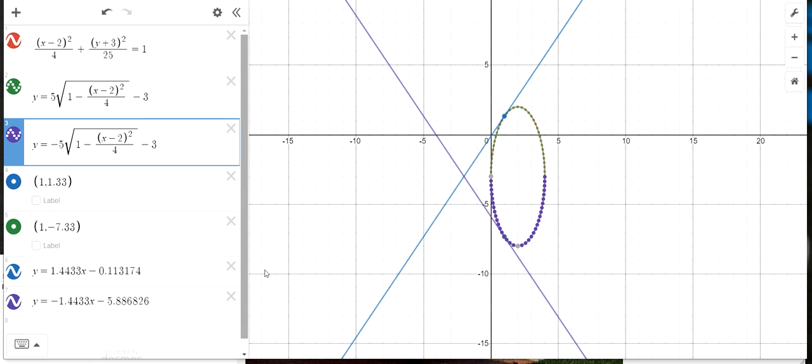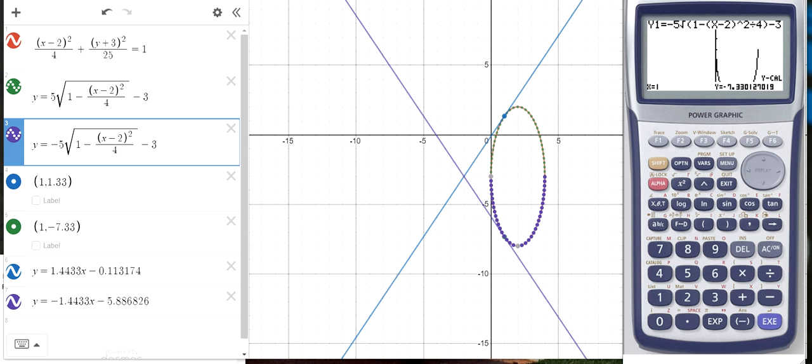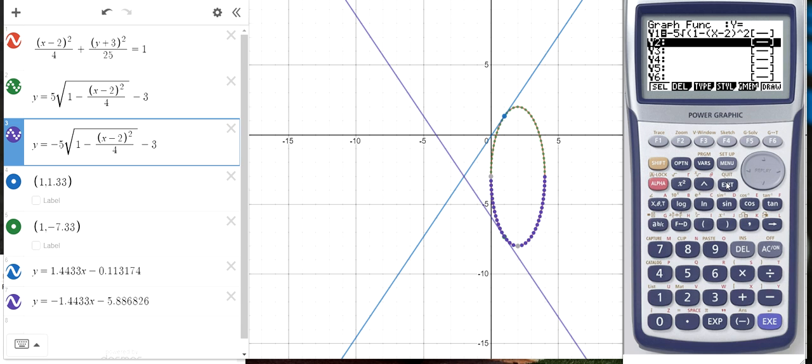Now I also need to find out what the gradient of each of these lines is. So I'll go back into my graphics calculator, exit that, and I'll do the top part first. I'll get rid of the minus. Execute, and now I enter the gradient function, the derivative of what I have at the top.